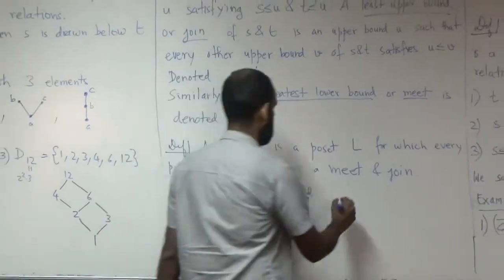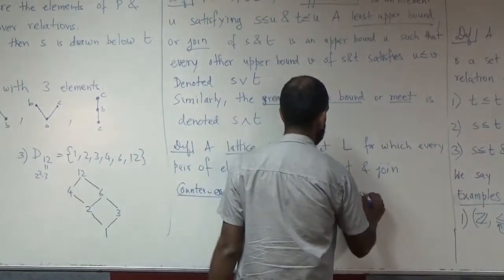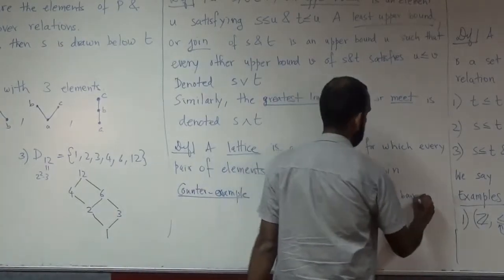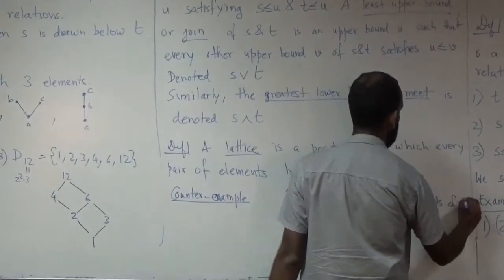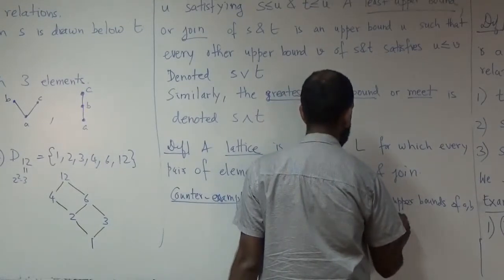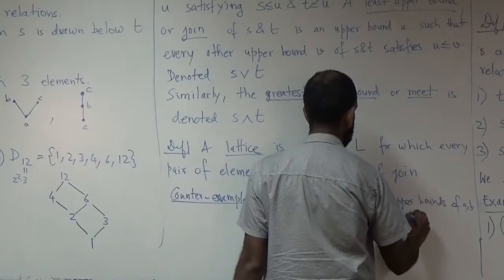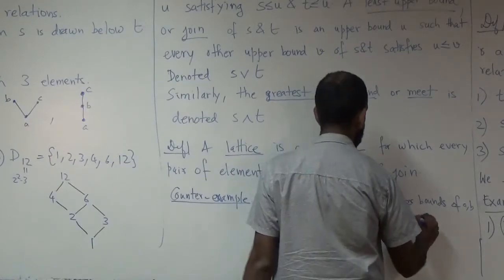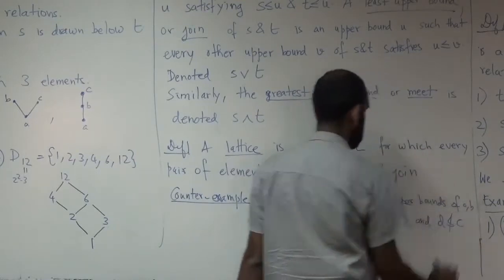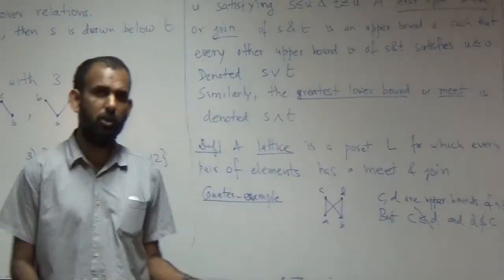So C and D are upper bounds of A and B, but C is not less than or equal to D, and D is not less than or equal to C. Okay, so this is not a lattice.